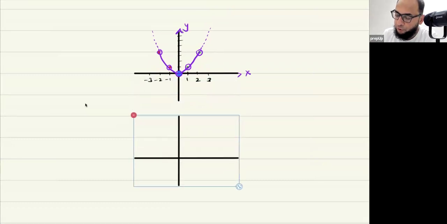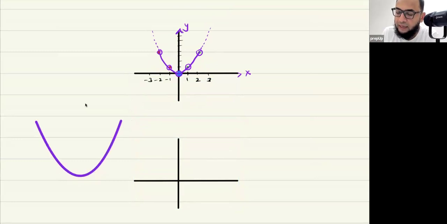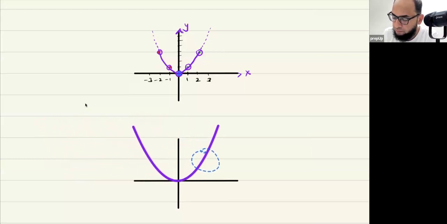I'll make the marker a bit thicker, and I think that is good enough. Let me just draw the graph like this. So that is how the graph of y equals x square will look.